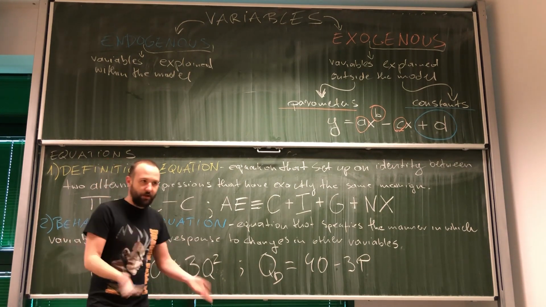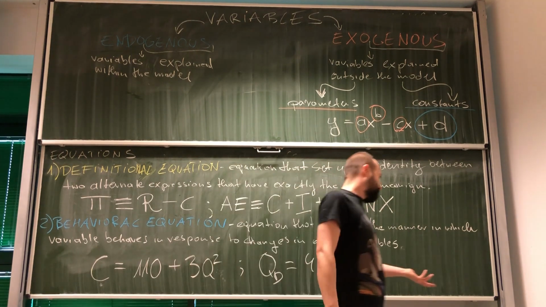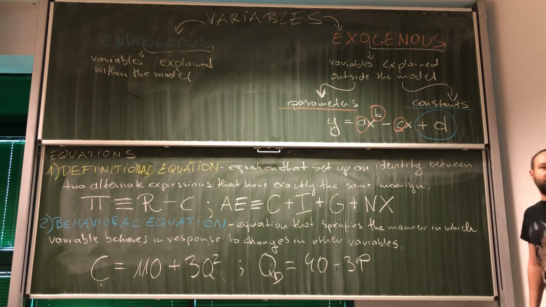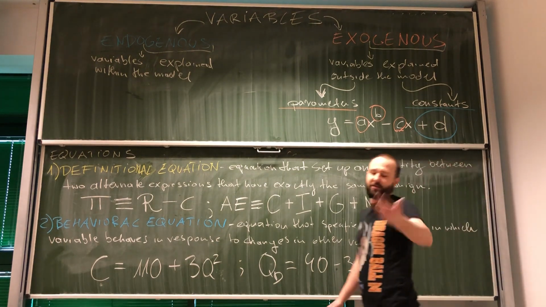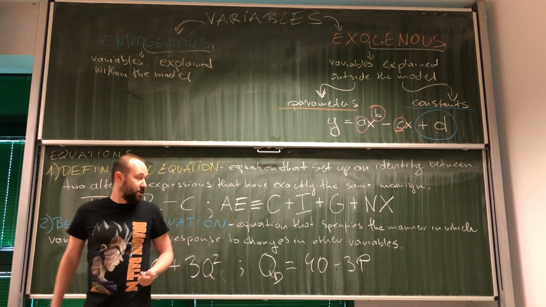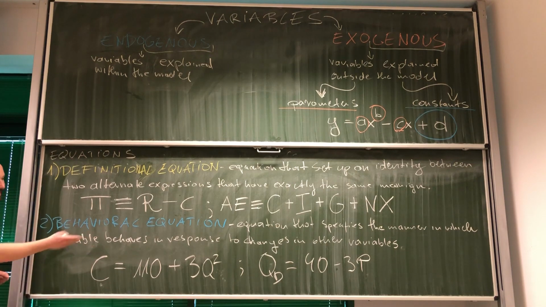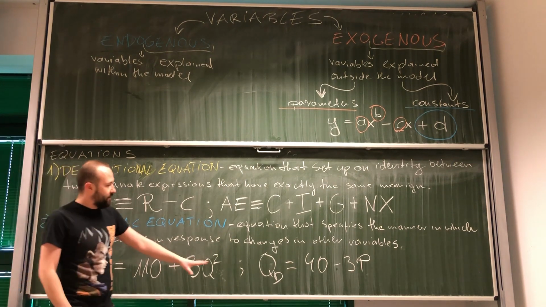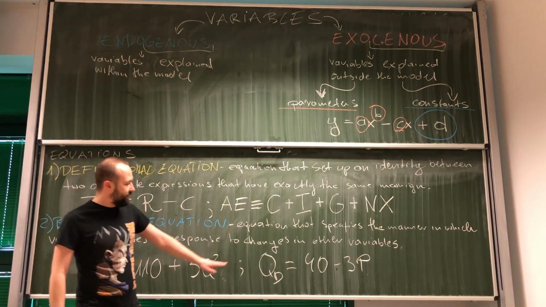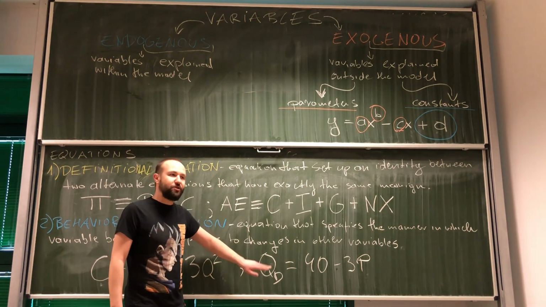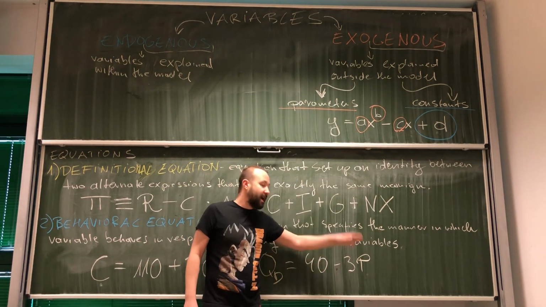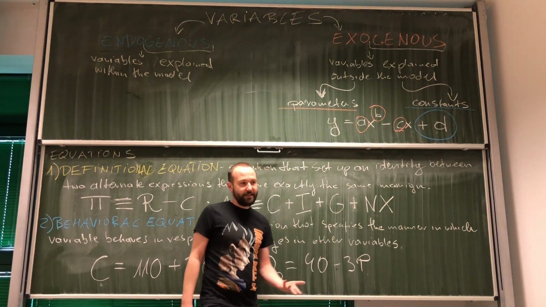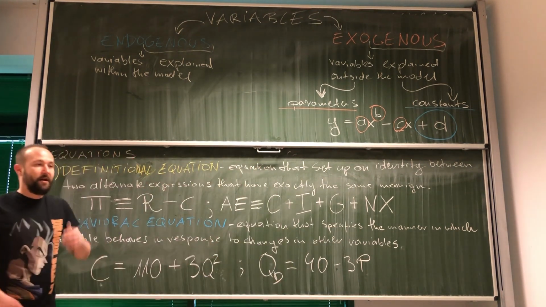Well, of course, the law of demand says the higher the price, the lower the quantity demanded, ceteris paribus, of course, other things being equal. So, we've got here described exactly this type of behavior. We see that how much customers want to purchase depends on the price, right? The higher the price, the less they want to purchase.